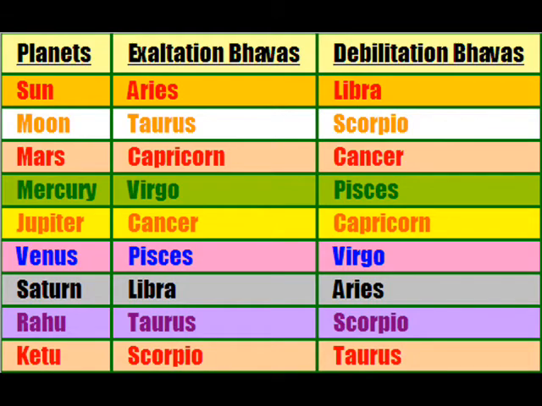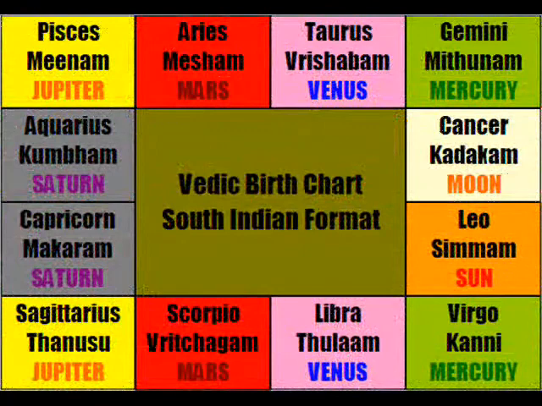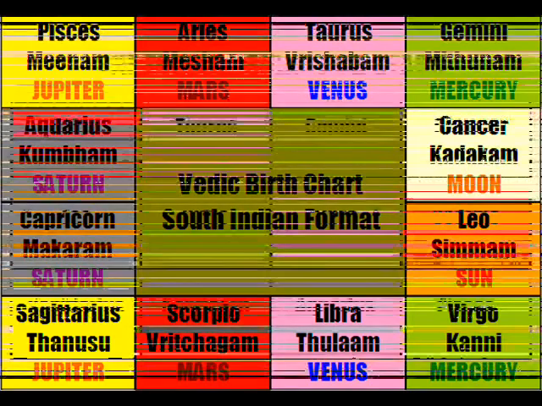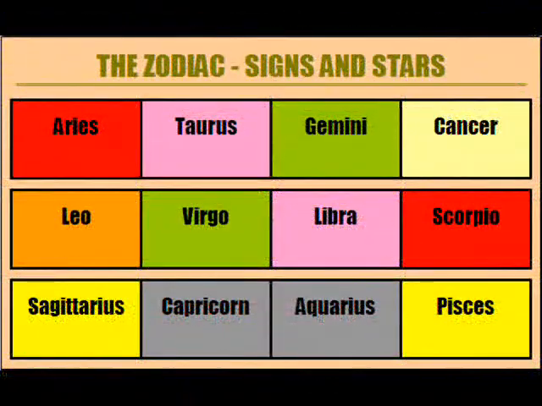Let's look at the order of the zodiac signs in the birth chart. I have converted the birth chart format into a bar diagram for purposes of showing you the alignment of the nakshatras. As you know, each sign is made of 30 degrees, totaling 360.